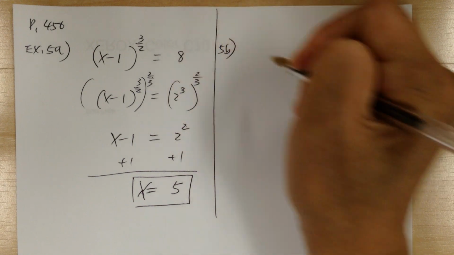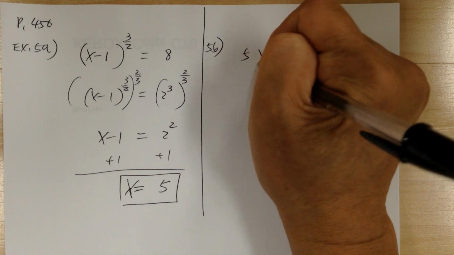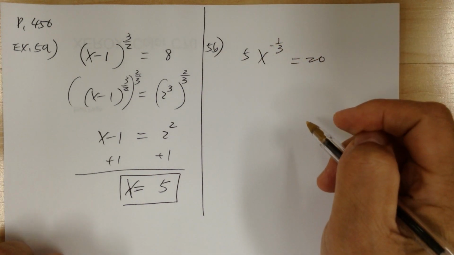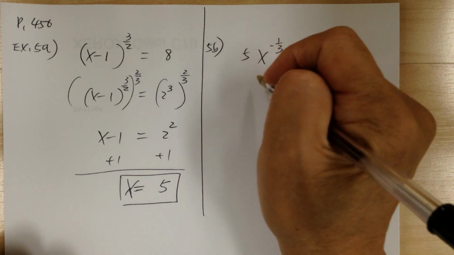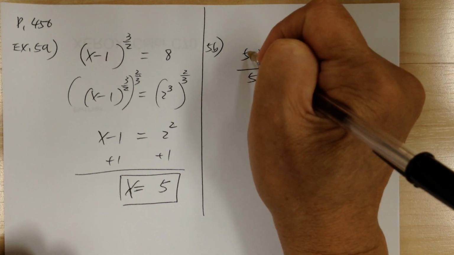Okay, now let's go to 5b: 5 times x to the negative 1 over 3 is equal to 20. First I'm going to get rid of this 5, so I'm going to divide by 5. You don't want to raise the exponent right away because it's going to make a mess.